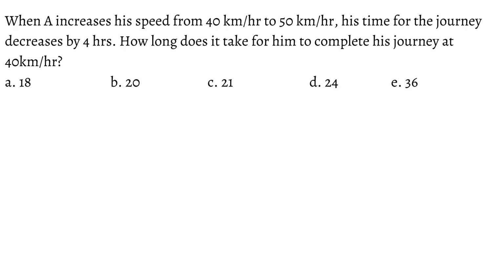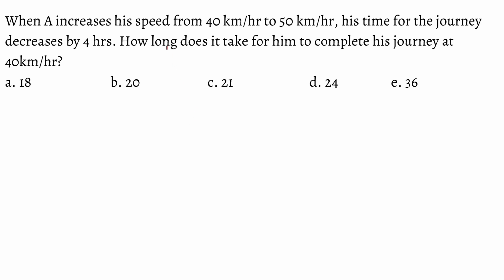So how long does it take for him to complete his journey at 40 kilometers per hour? Of course, you can solve this by using the traditional method, but here we will apply product constancy.